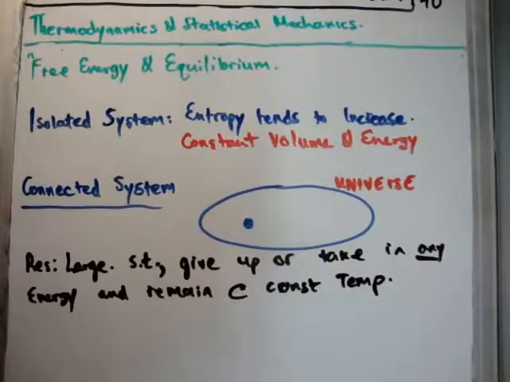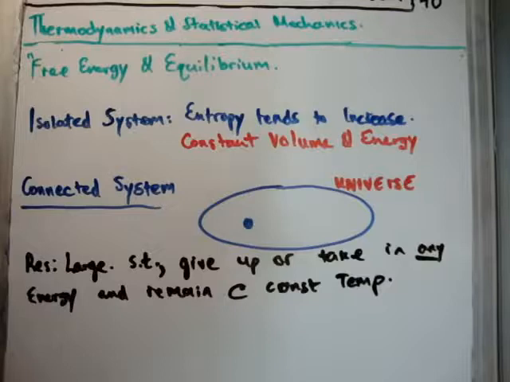So if you add a particle to space, and the particle was a hell of a lot hotter than space, well then the particle will give up its energy to space. However, in general, it won't heat up the universe. The space will stay at the same temperature. So we consider space to be a reservoir.